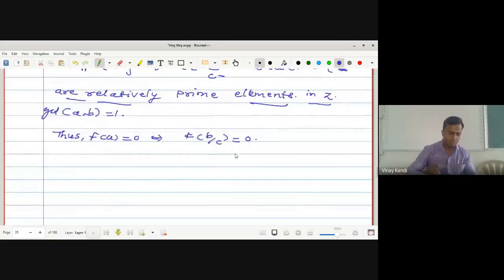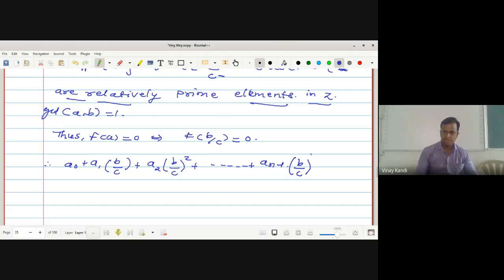Okay, so what we have then? Therefore a naught plus a1 into b upon c plus a2 into (b upon c) whole square plus up to so on a n minus 1 into (b upon c) raised to n minus 1 plus (b upon c) raised to n is equal to 0.